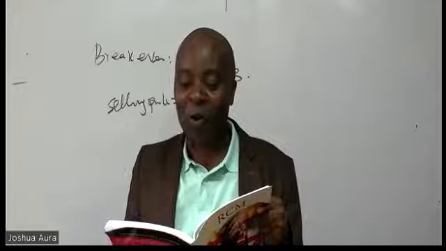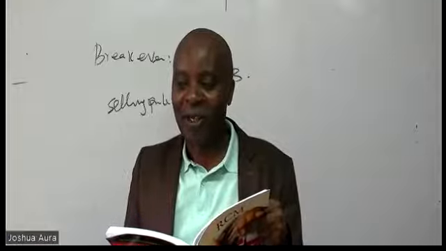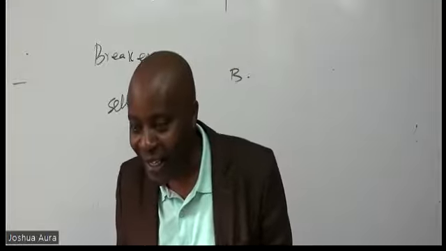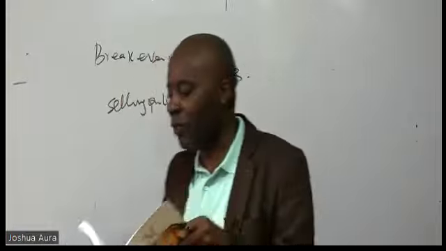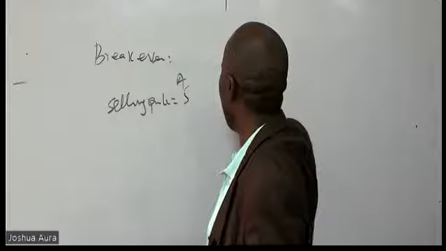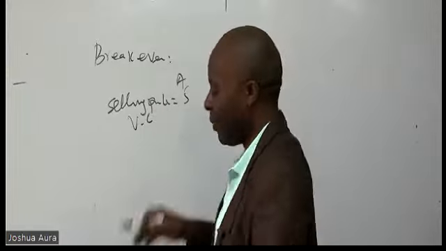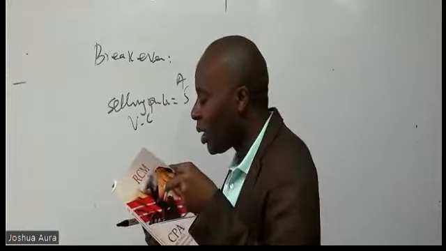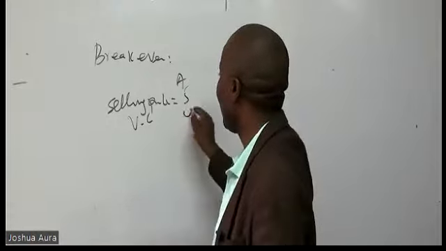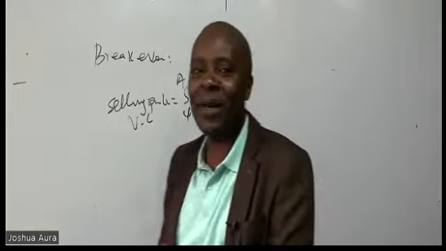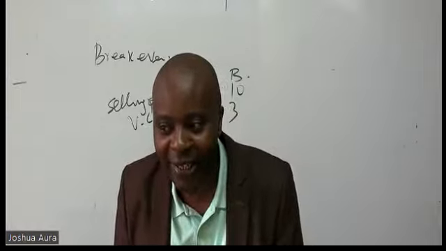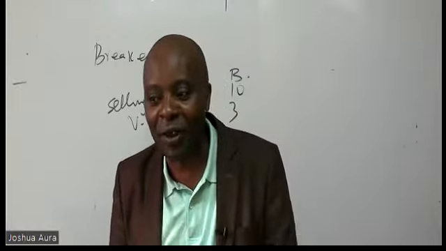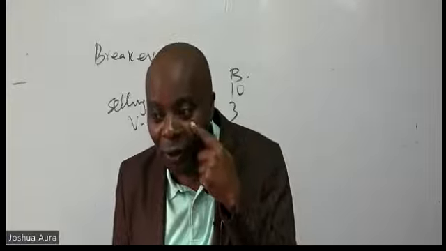From note 1, additional information 1, are you able to see the selling price? Yes, the selling price is 5 and 10. Variable cost, note 2, we can see 4 and 3. When I see selling price and variable cost, what should come to my mind very fast, even if I don't know what is being asked?